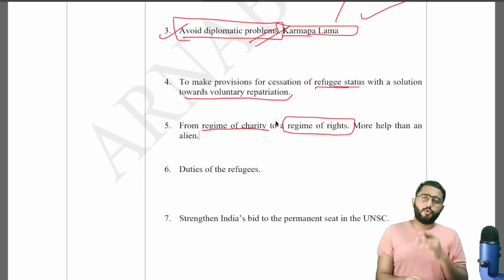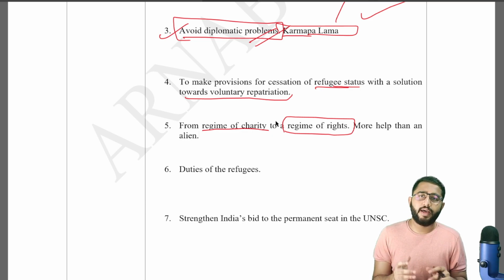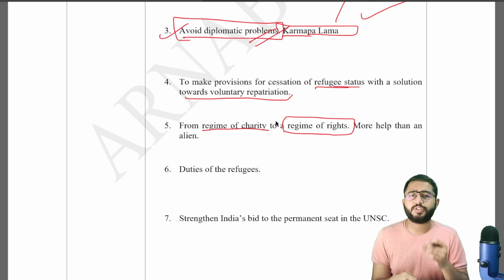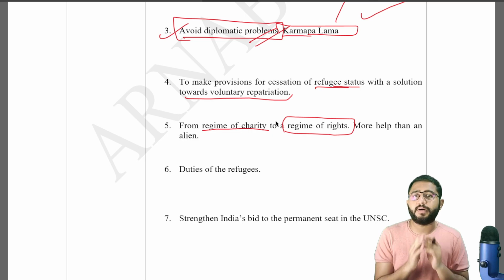See, in UPSC, when a question like this is asked, and this is going to be a very pertinent question, UPSC mains में कभी भी ये question आ सकता है कि why does India need a domestic refugee law? Or why is India not a signatory to the 1951 convention when India has done so much for refugees? So these points are something that is going to give you the marks.